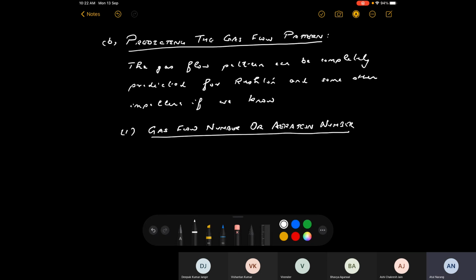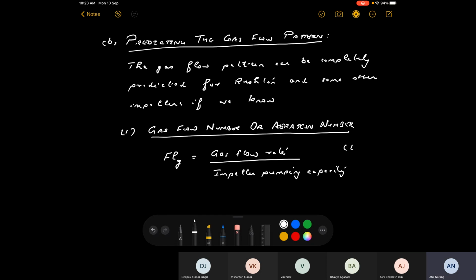To distinguish it from the liquid flow number, we will call this FL sub G. So this is the gas flow number, and the gas flow number is defined as the gas flow rate in liters per minute divided by, keep in mind, these are all dimensionless numbers, provided you use the same units.